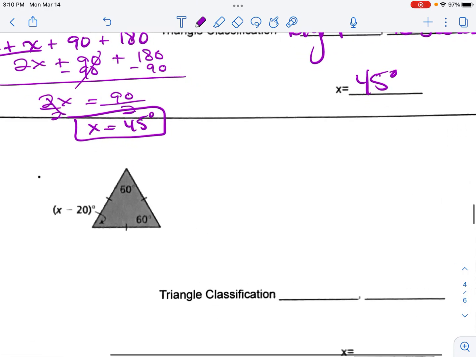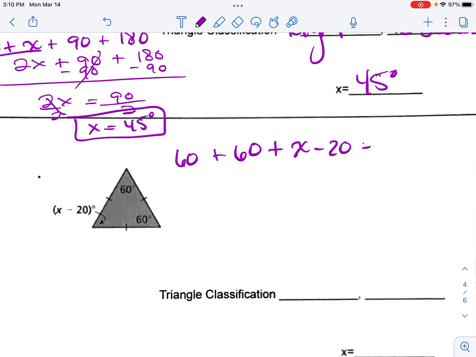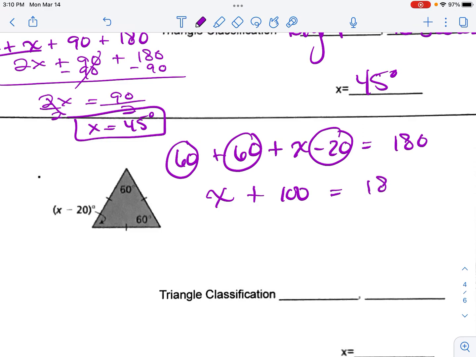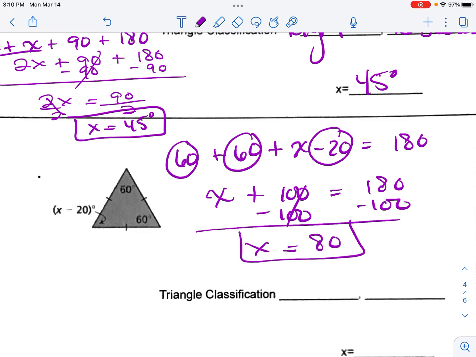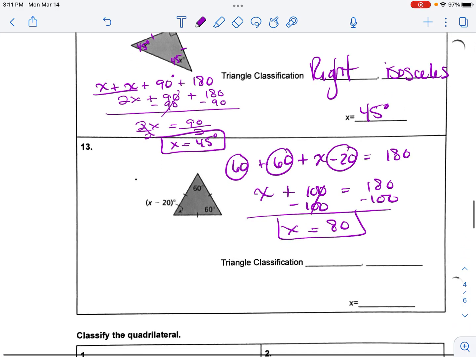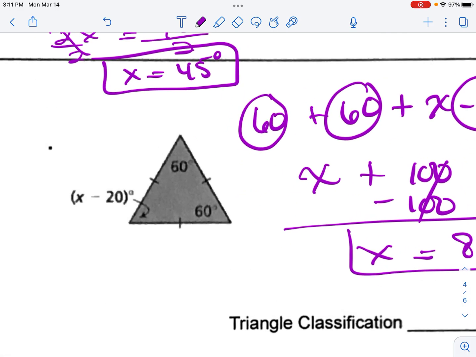Okay. And number 13, I have a 60, I have a 60, and I have an x minus 20. They all add up to 180. I'm going to combine like terms. 60 plus 60 is 120, 120 minus 20 is 100. So I have x plus 100 equals 180. Again, another one you could probably figure out without doing all the work, but we're going to show our work like the directions say. So x is 80 degrees.